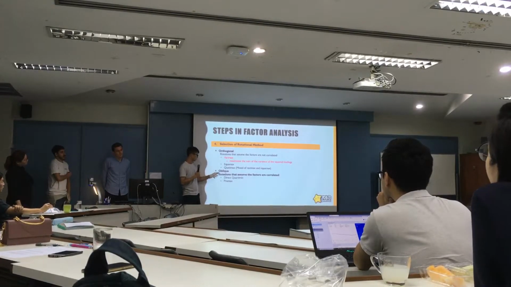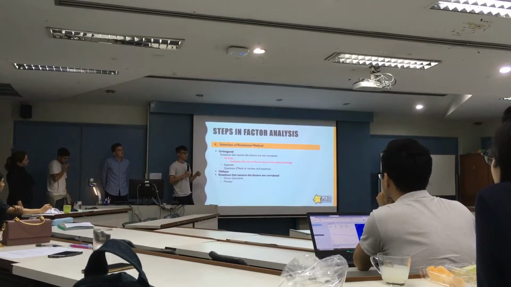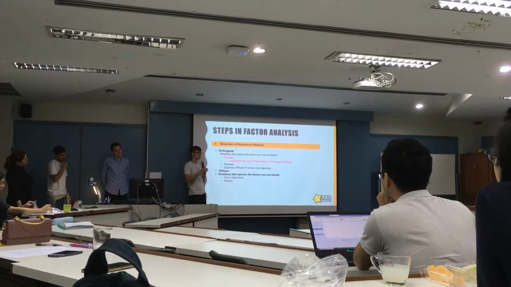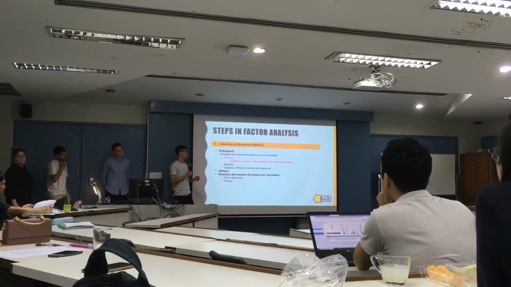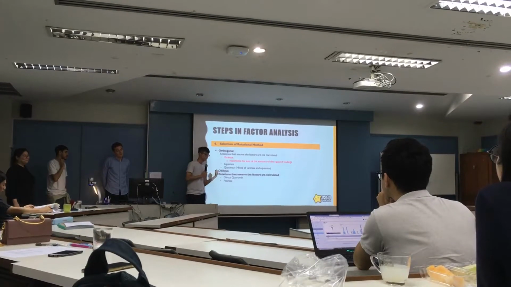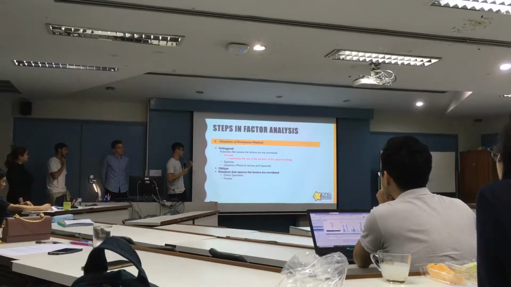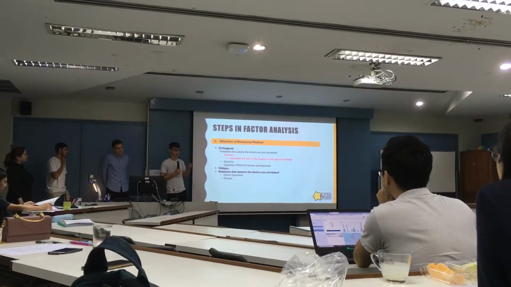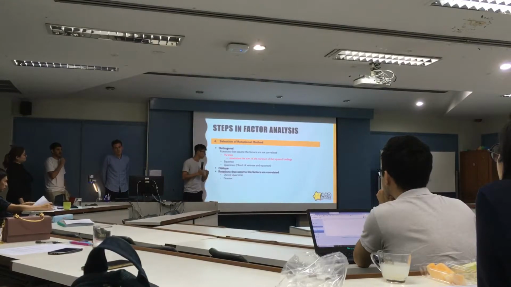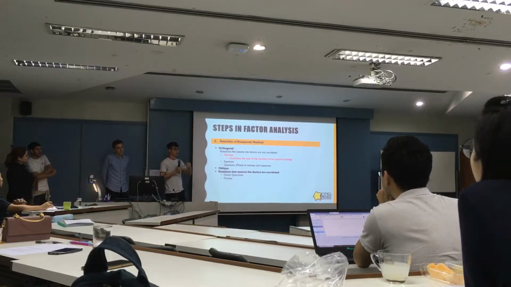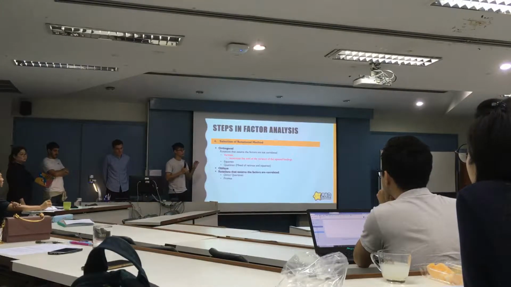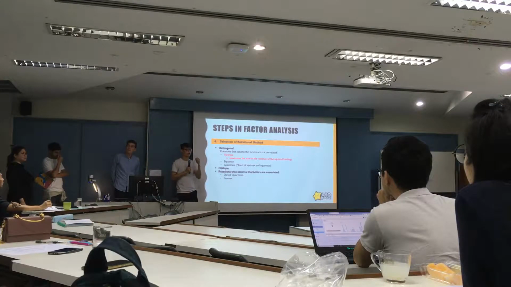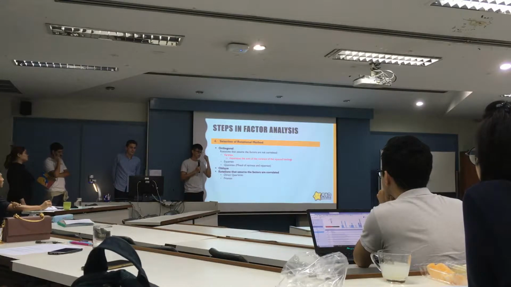And the other one is a method to make the vectors less correlated. These two can help us do the further interpretation of the factor analysis, because if the vectors are highly correlated, we can hardly explain the pure effect of a specific vector.